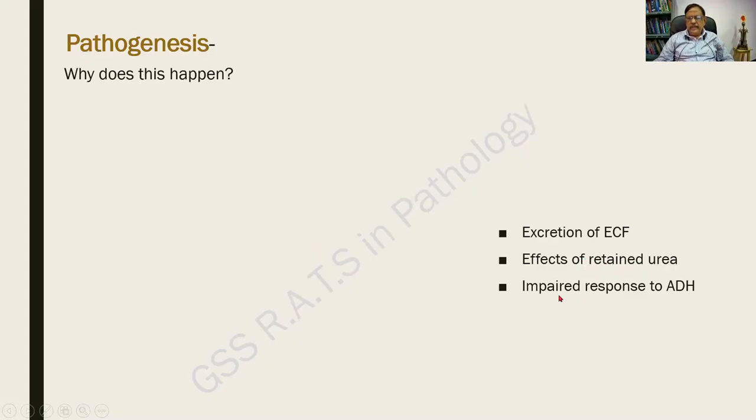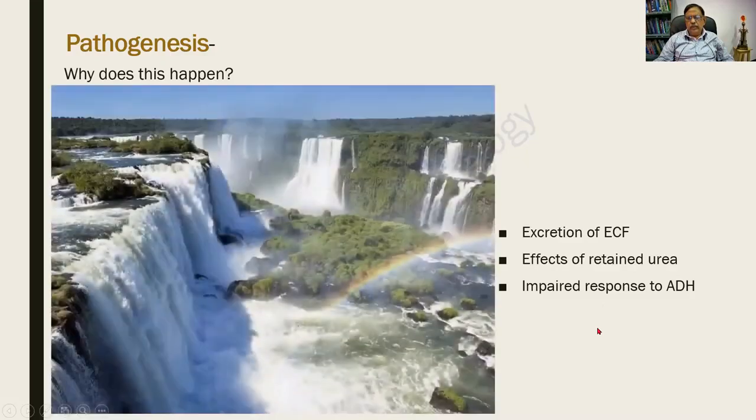Finally, there is an impaired response to antidiuretic hormone. There tries to be an antidiuretic hormone secretion, but it does not respond, as a result of which there is continuous excretion. All of this can lead to a continuous flow. This is what is happening. There is an outpour from the kidney, and what will happen if there is going to be a distal obstruction? It all gets dammed up and there is a distension.